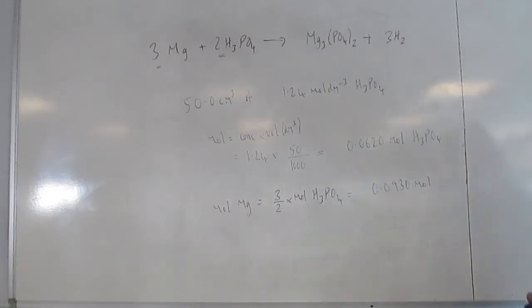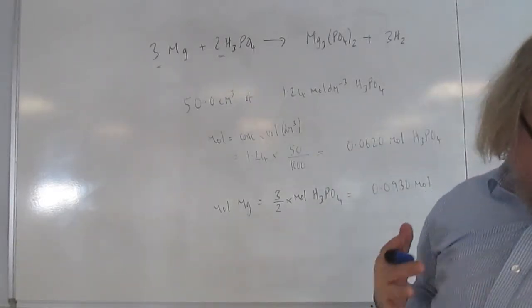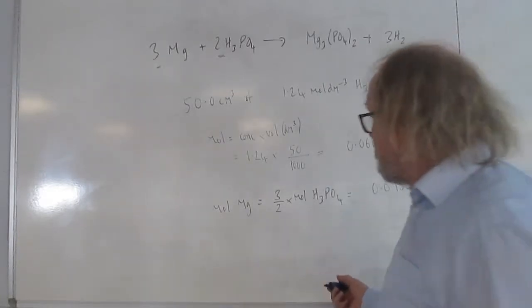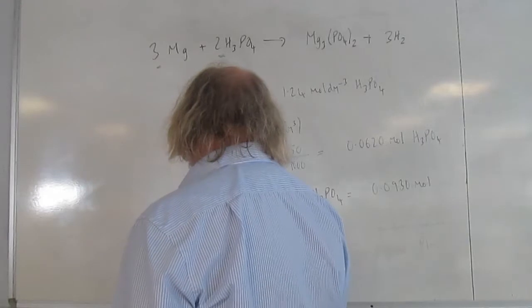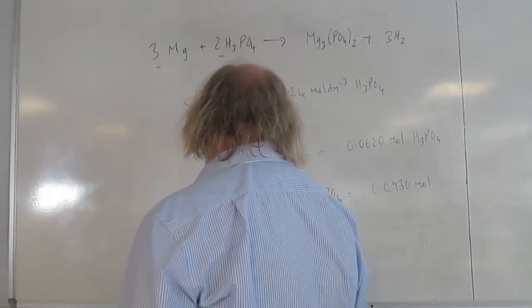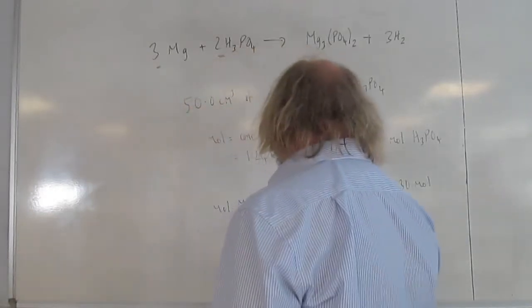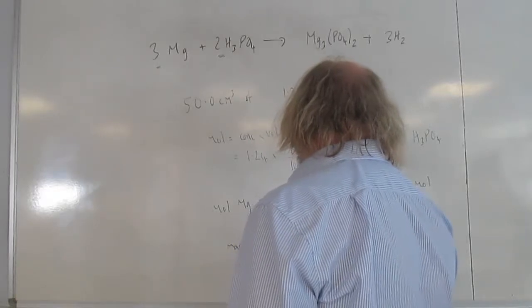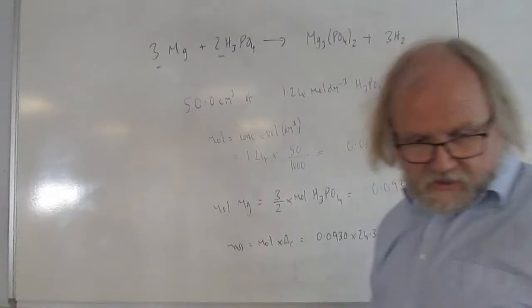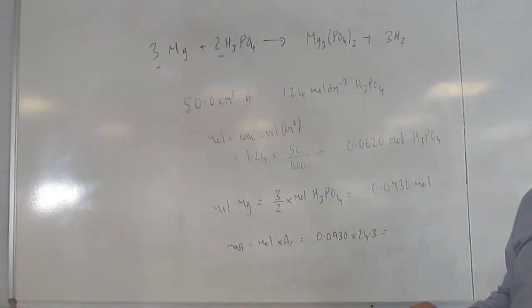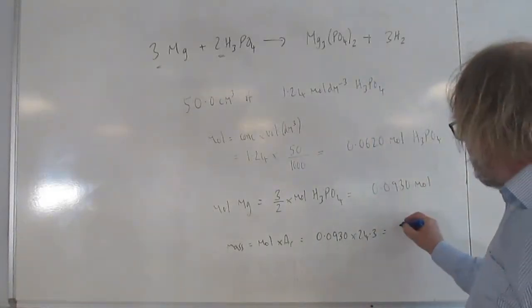Then we've got to turn that into a mass. So we just get mass is moles times Ar, which is 0.0930 times 24.3, which is the atomic mass of magnesium, and that comes to 2.2599.